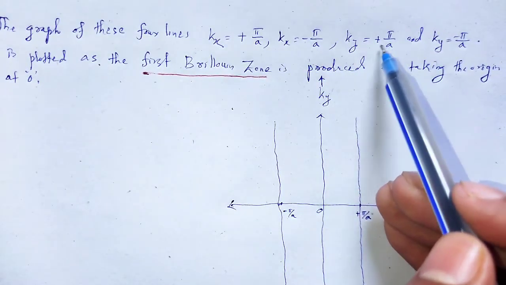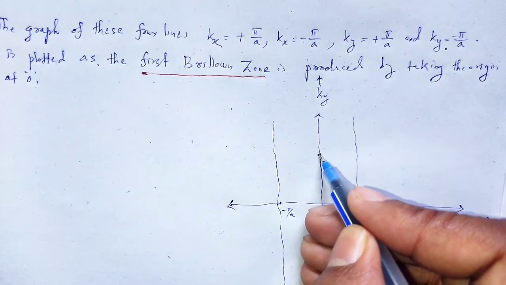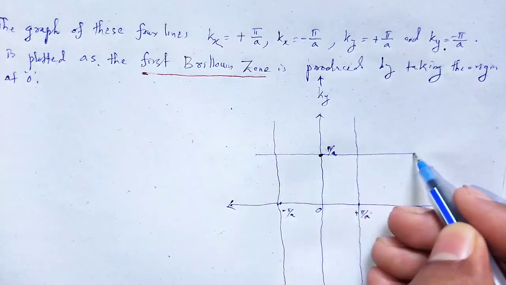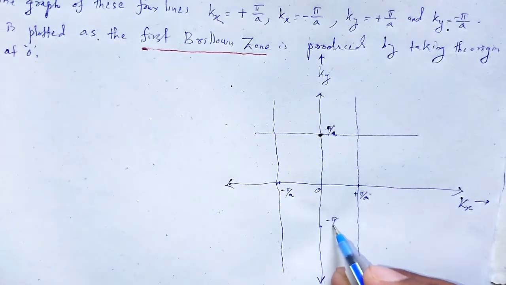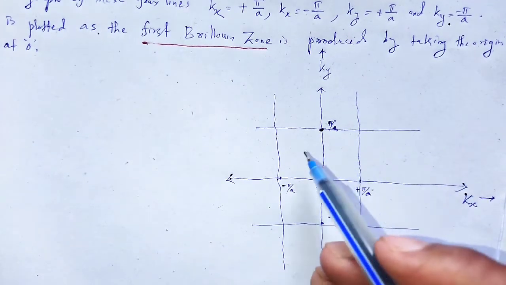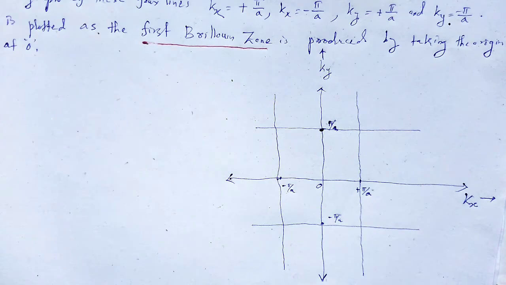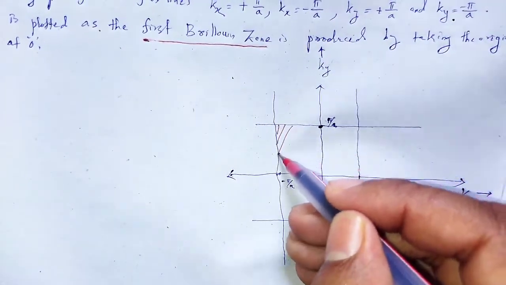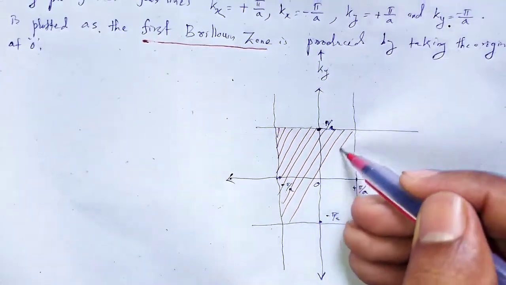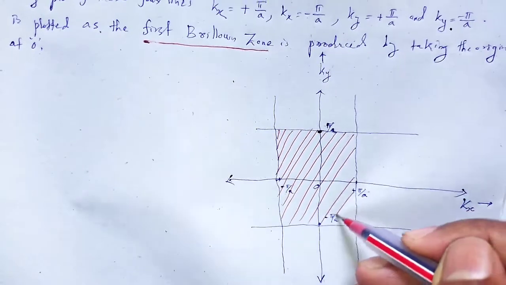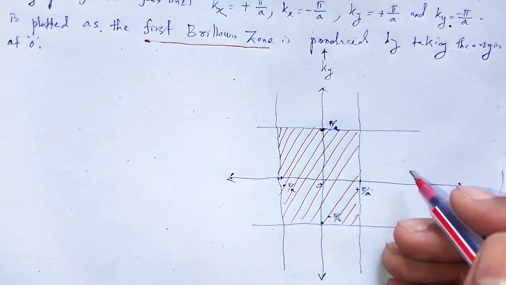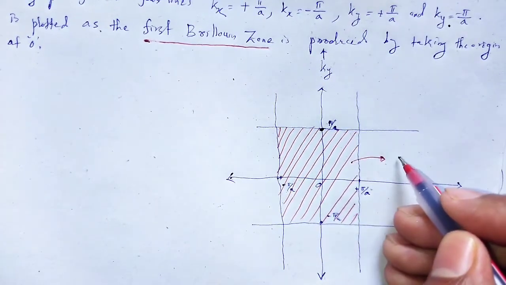For y, plus pi by a plane is drawn, minus pi by a plane is drawn. So within that, we symbolize in red sections, we obtain the first Brillouin zone. This is the first Brillouin zone.